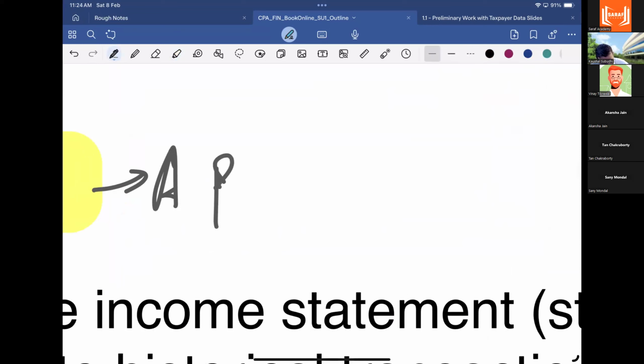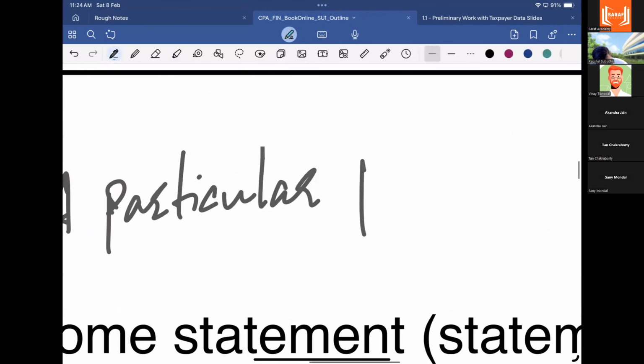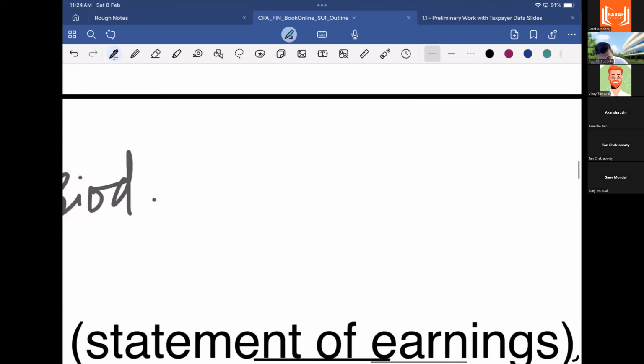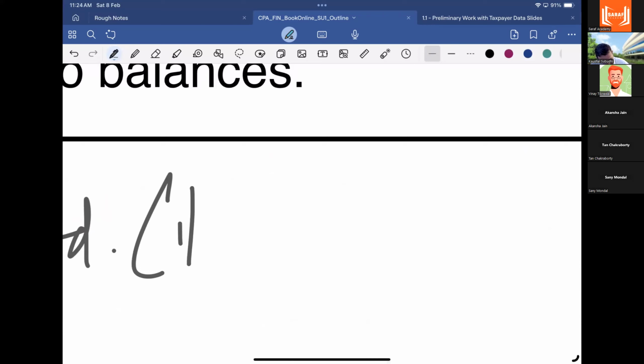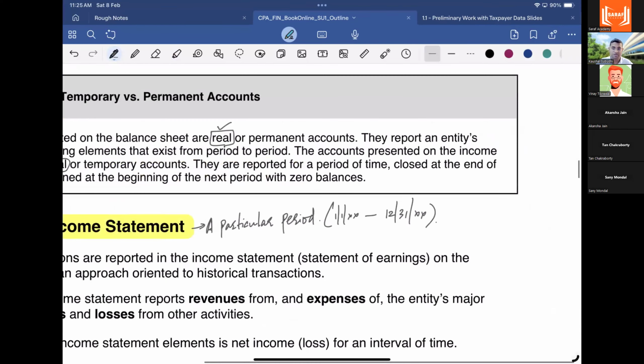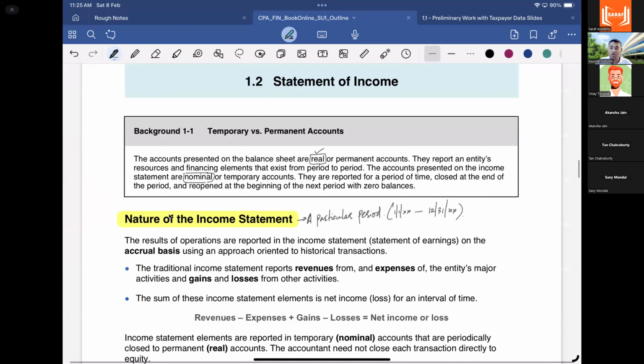They're not prepared for a particular date. It's nothing but a statement for a particular period. So एक period हो गया, जैसे कि Jan 1st 2024 से लेके December 31st 2025 and so on and so forth. Right. So that is the nature of your income statement.